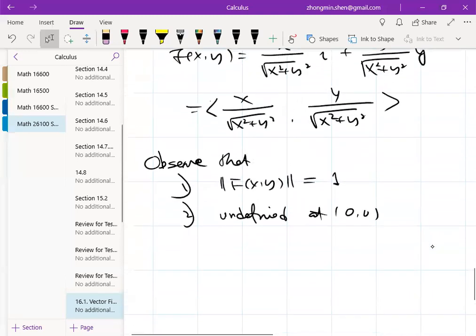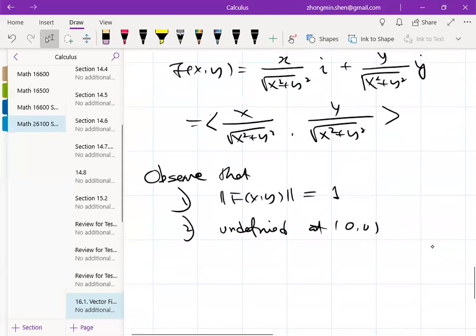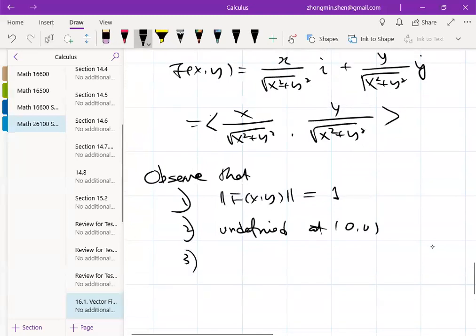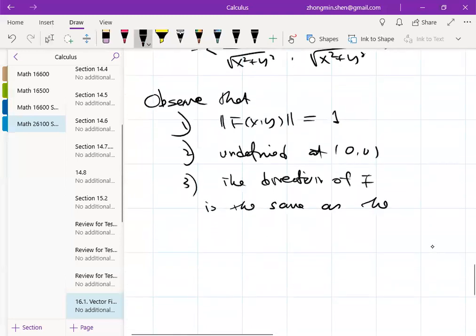And if you want to draw it, the third one is the direction. The direction of F is the same as the vector from the origin to the point x and y, because it is proportional to this.